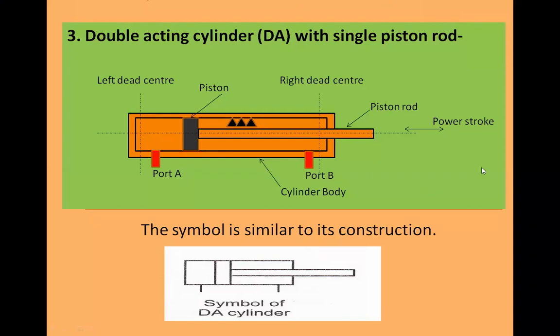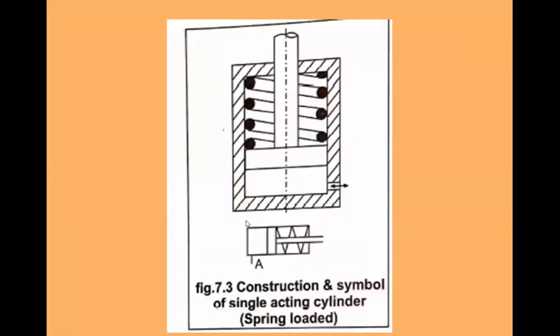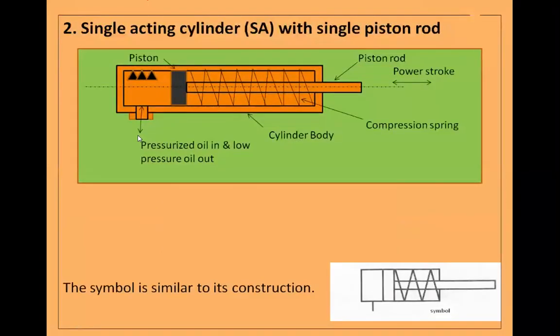As in our single acting cylinder, we were taking the fluid or the oil from the port. Look at the screen. In a single acting cylinder we take the pressurized oil inside the cylinder through this port.